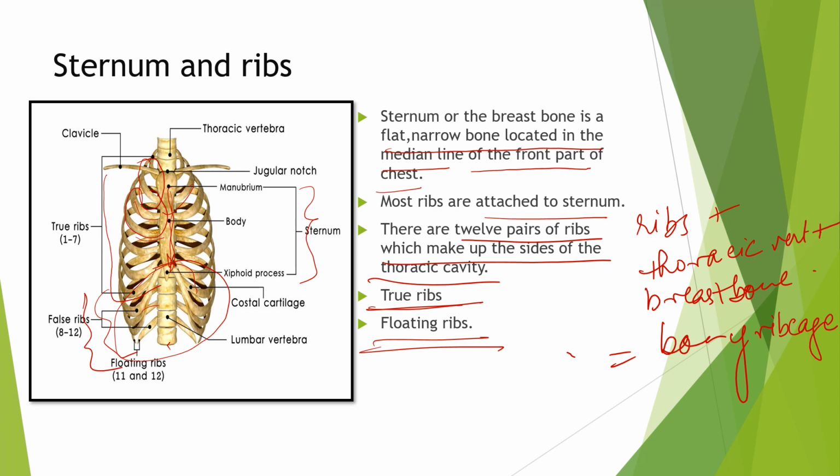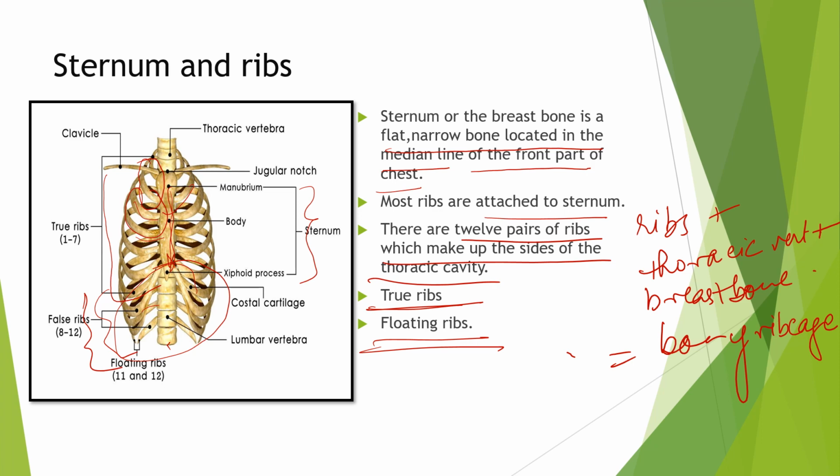The last two of these, the 11th and 12th, are called the floating ribs because their anterior ends do not attach even indirectly to the sternum, and they attach posteriorly to the thoracic vertebrae. So there is a peculiarity.